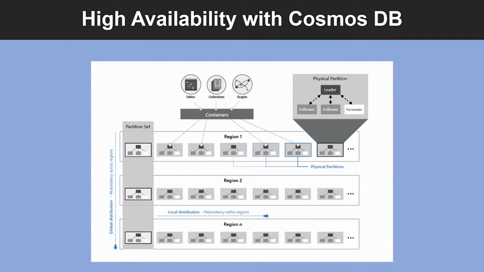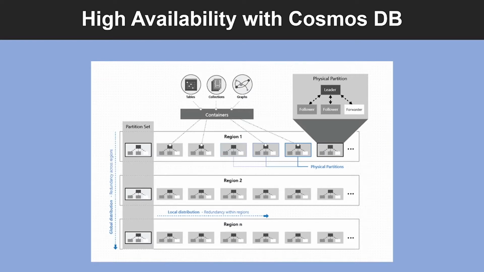Let's look at high availability with Azure Cosmos DB. Azure Cosmos DB transparently replicates your data across all the Azure regions associated with your Cosmos account. And Cosmos DB employs multiple levels of redundancy for your data, as shown in this example image. The data within the Cosmos containers is horizontally partitioned.